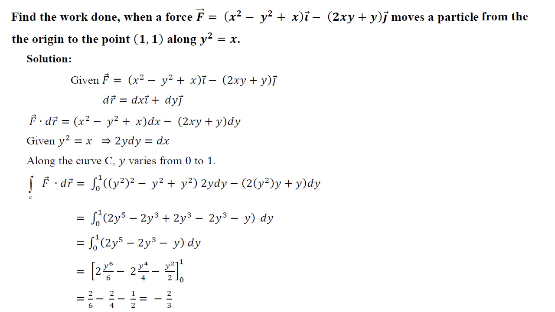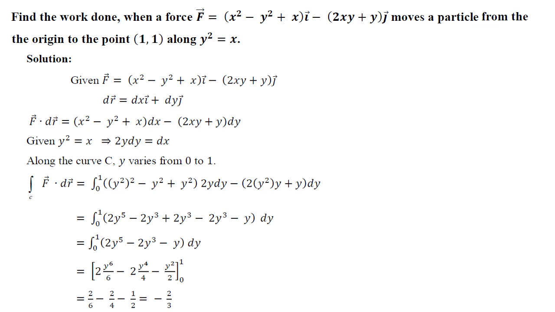They have given that y square is equal to x. Therefore, 2y dy is going to be equal to dx, and they have given that y varies from 0 to 1, since they have said that the force moves a particle from the origin to the point (1, 1). Therefore, the integral of f vector dot dr vector is going to be equal to the integral from 0 to 1 of (y square the whole square minus y square plus y square) 2y dy minus (2y square y plus y) dy.